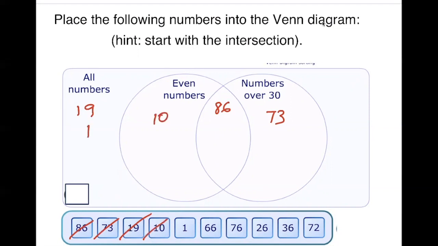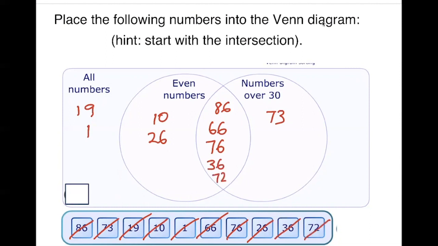1 goes over here. 66 should go into the middle, into the intersection. 76 also goes into the intersection. 26 will go, oops, no, 26 will go here. And 36 will go here. And then 72 will go here.